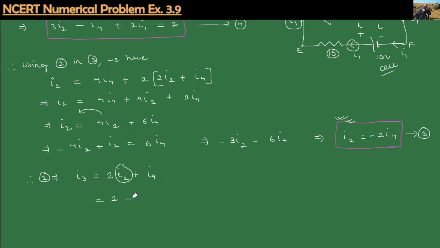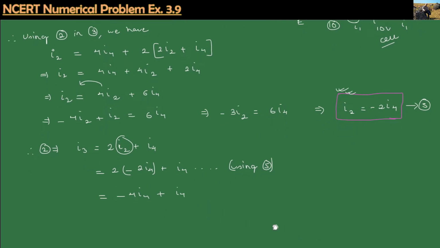So over here, this will be minus 2I4 plus I4, by using relation number 5. When we solve, we will find that this will be minus 4I4 plus I4.